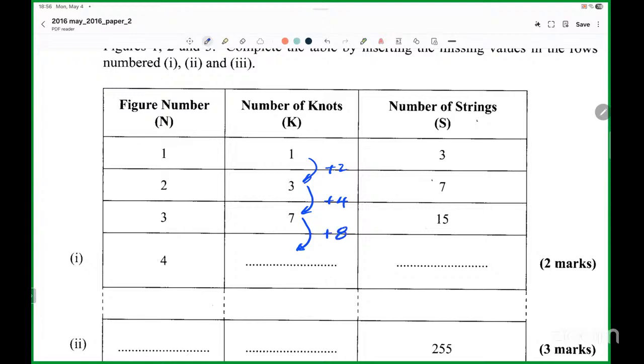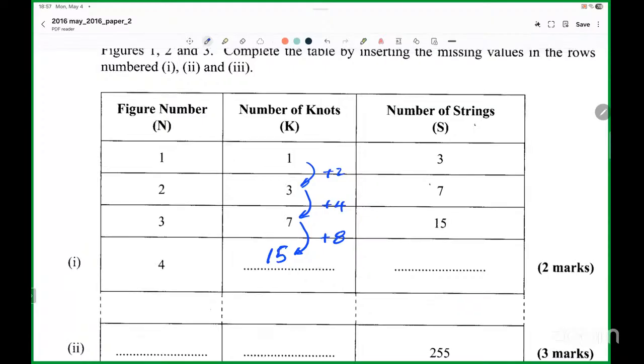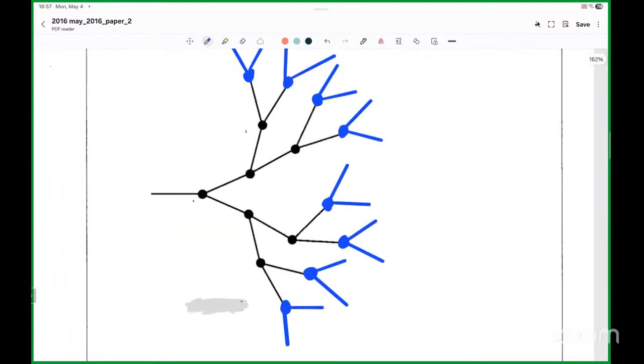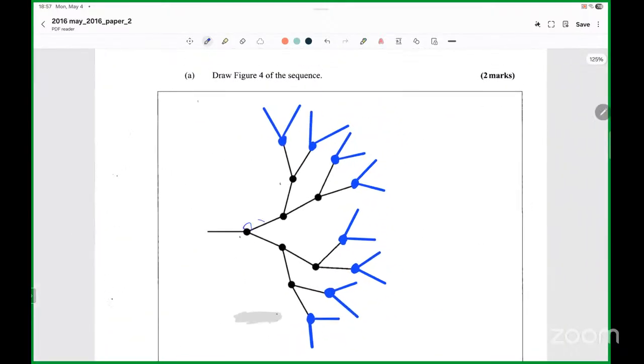So 8 and 7 is how much? 15. And you can check if figure 4 is 15, that's true. 1, 2, 3, 4, 5, 6, 7, 8, 9, 10, 11, 12, 13, 14, 15. See that?